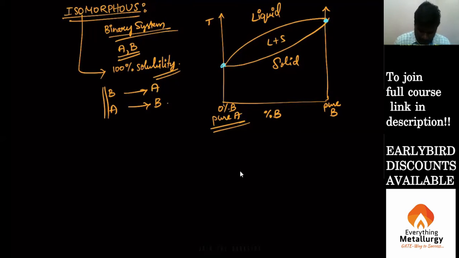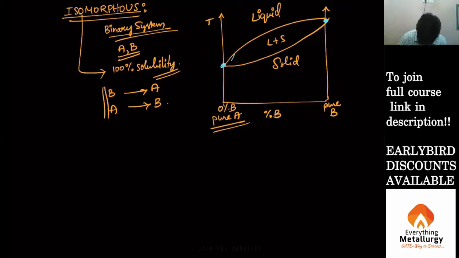Above a certain temperature we get a liquid, and below some temperature we have our solid, so there will be a common region, in the sense of an intersection area.